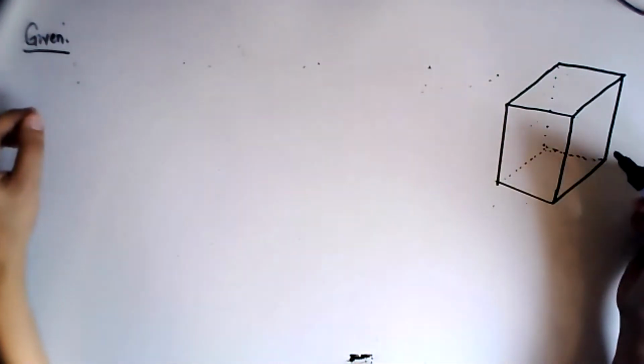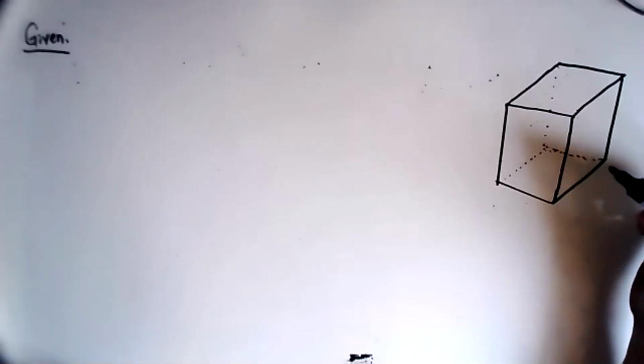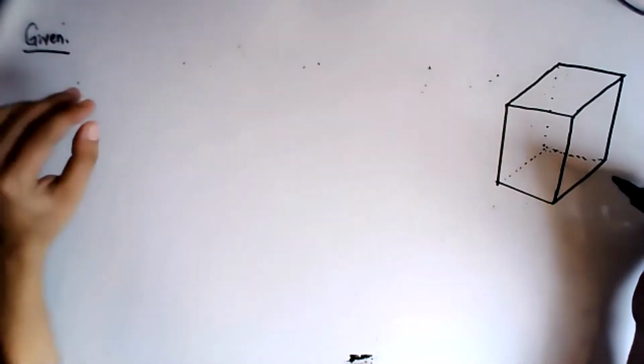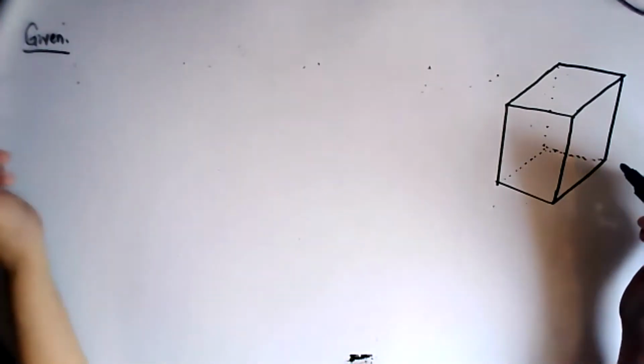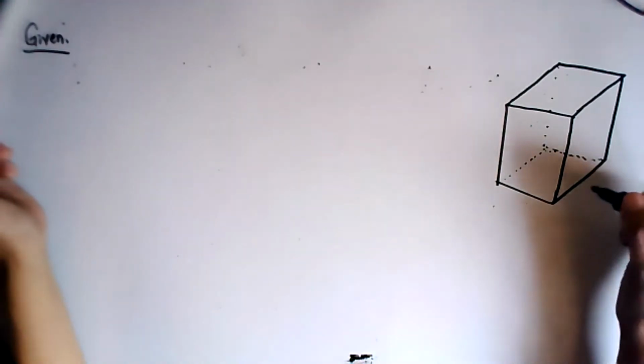A square is a polygon. Yes, Jan Carlos? How do you describe a square? Equal sides. Okay. So, a square is a polygon with 4 equal sides.